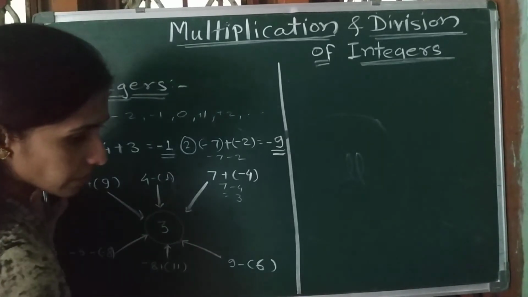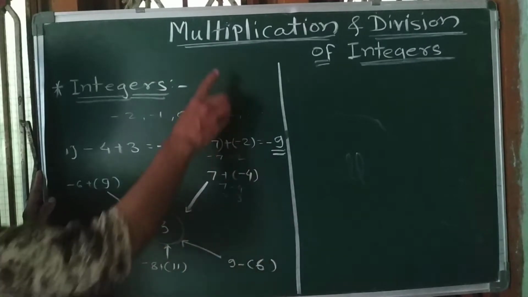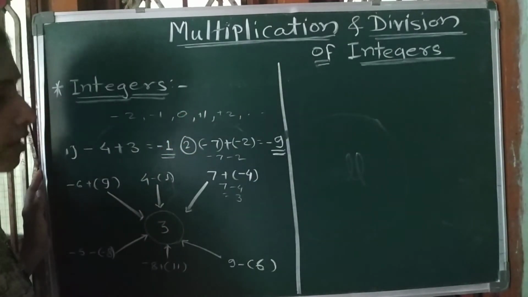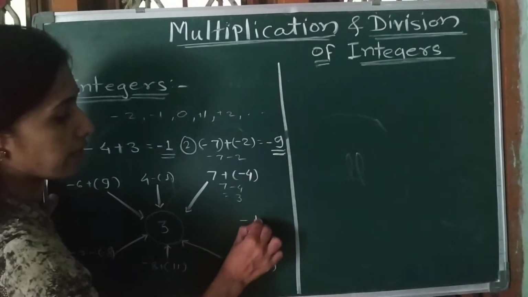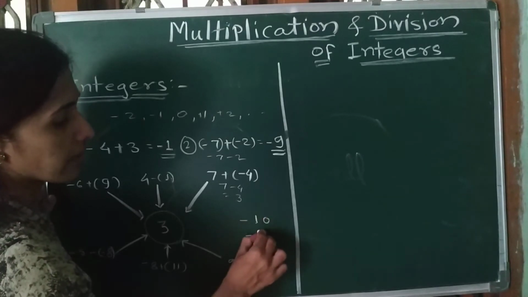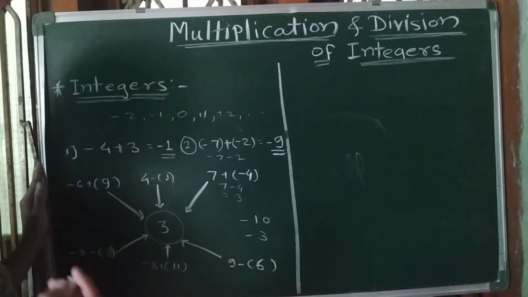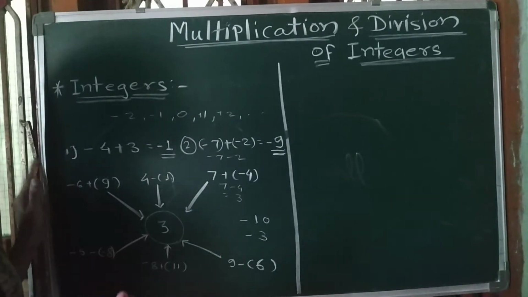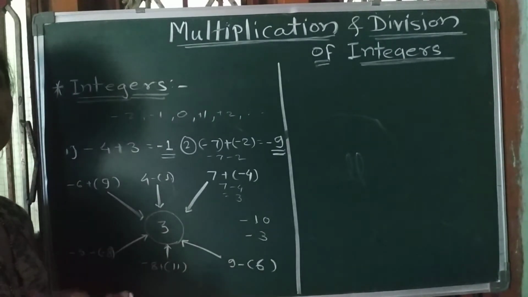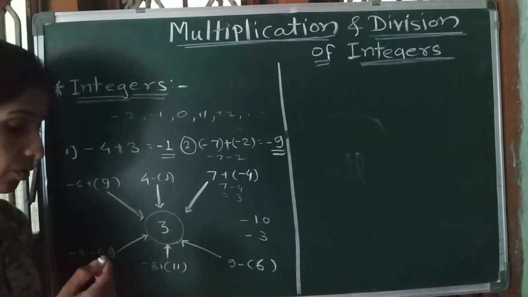Now we are going to study the multiplication of integers. When we say minus 10, minus 3, suppose you haven't paid, and you don't have money to purchase something. What will you do?